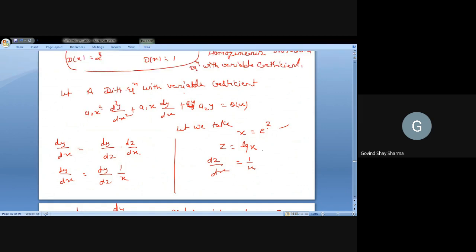x equals e to the power z. So log x becomes z, and dz upon dx becomes 1 upon x. Now dy upon dx we can write as dy upon dz times dz upon dx.